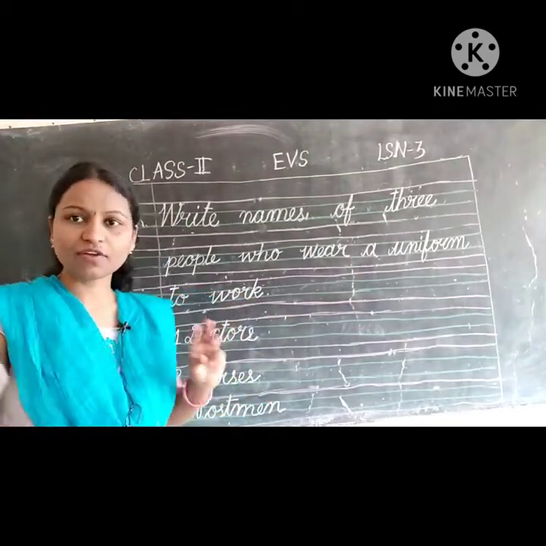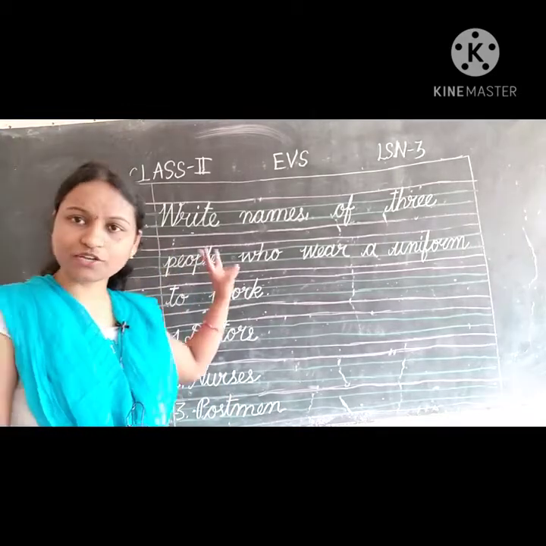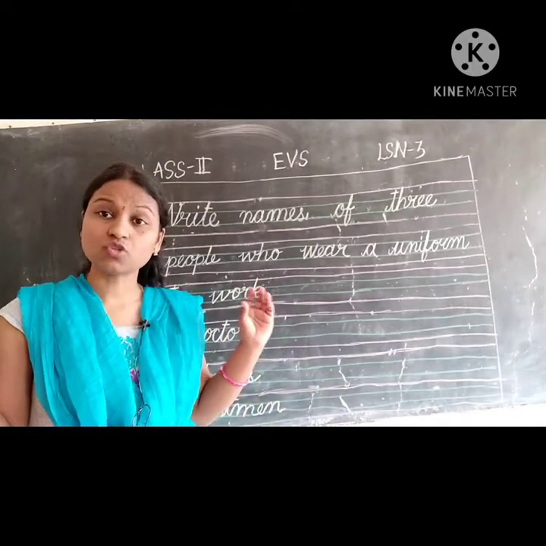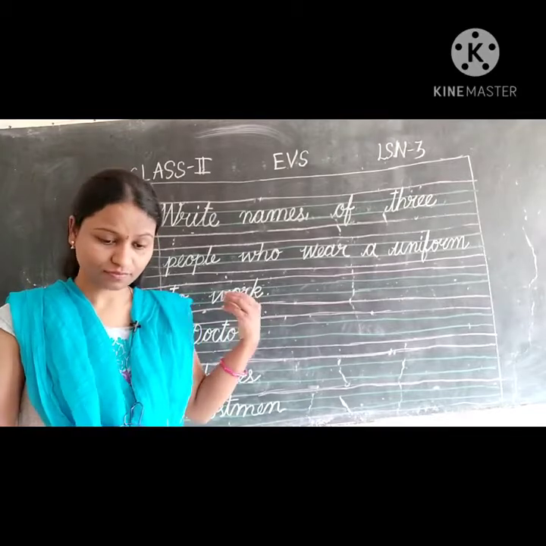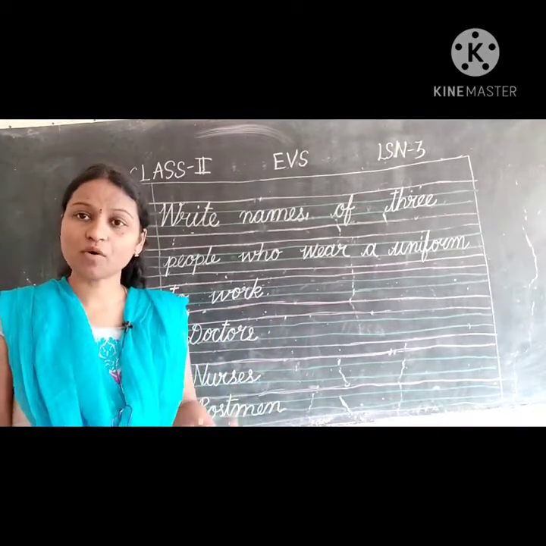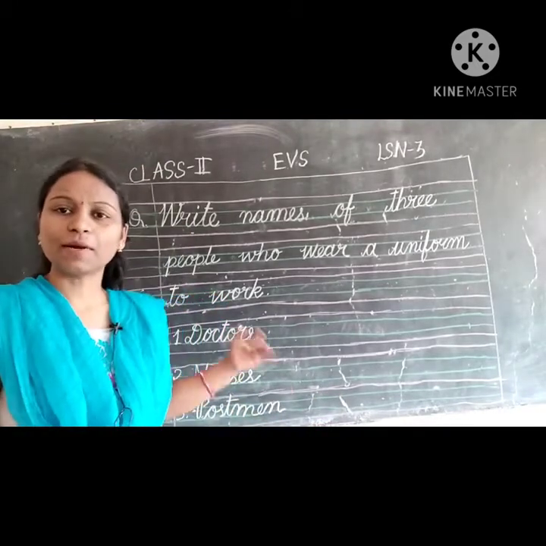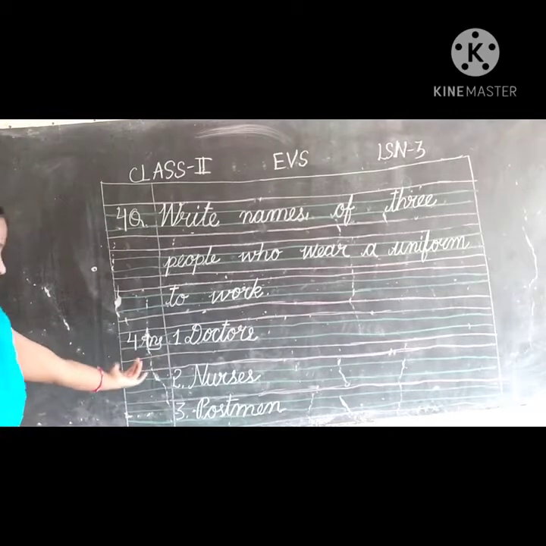But I have given only 3 names, because as per the question, you have to write any of the things like doctors, nurses, soldiers, policeman, postman, anything you can write, okay children. But I have written only 3, that is doctors, nurses, postmen.